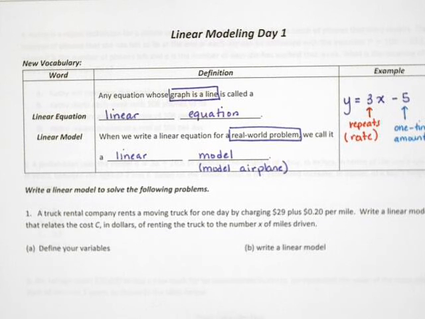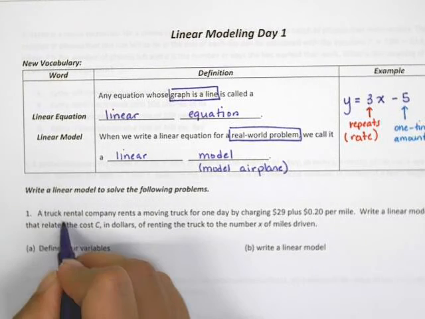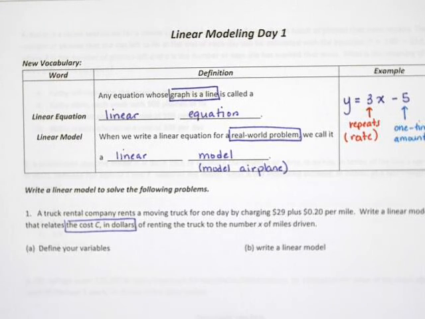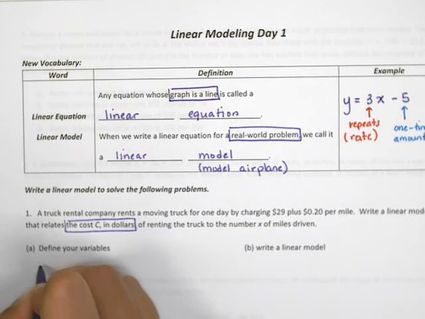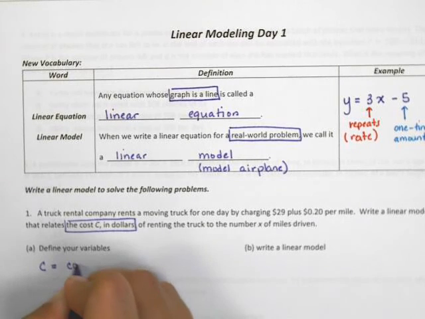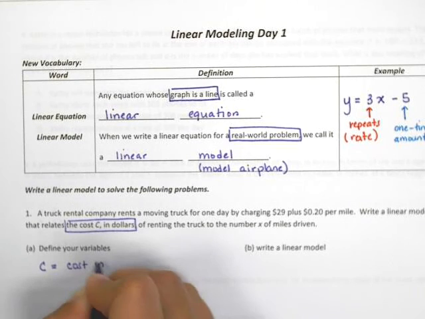When we read a problem like this, sometimes it's going to tell us in the problem what variables to use to stand for which pieces of the problem. So it says here, the cost, C, in dollars. That's going to be our first variable. So where it says define our variables, we're going to write that C equals the cost in dollars.